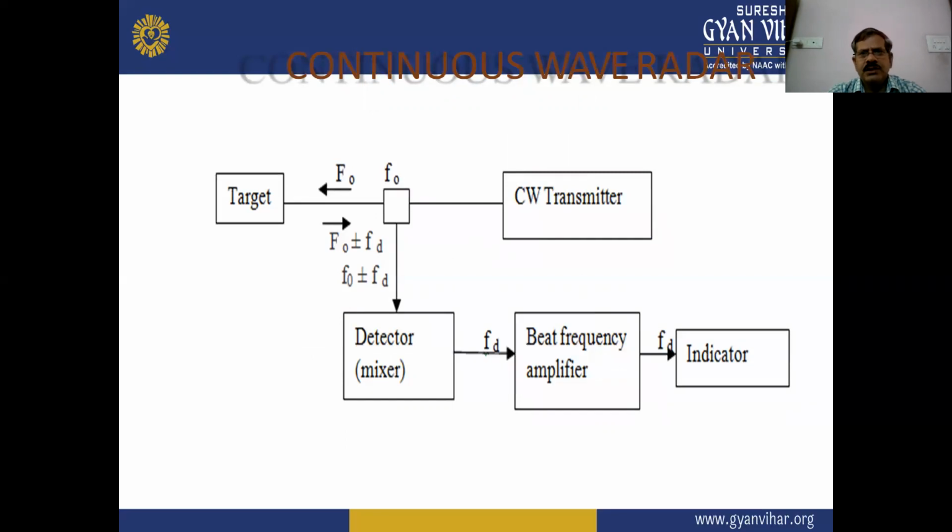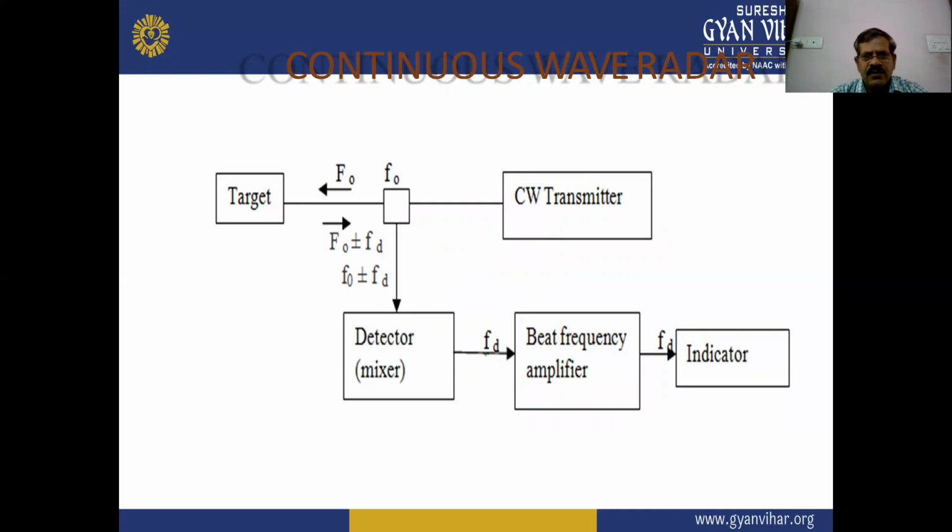First, continuous wave radar or CW radar. So this is the block diagram of the CW radar, in which there are a target, CW transmitter, detector, mixer, beat frequency amplifier, and an indicator.